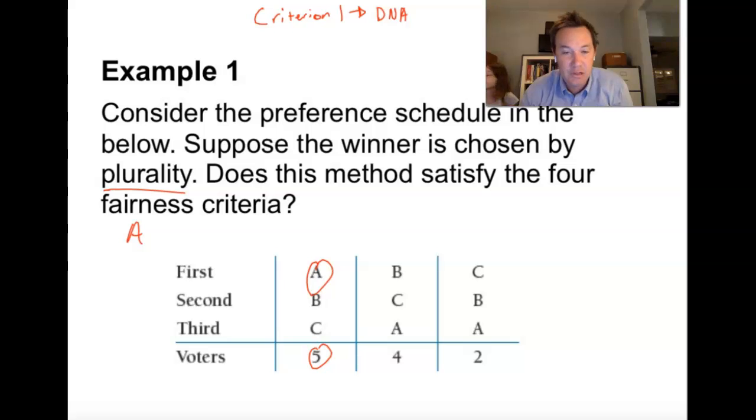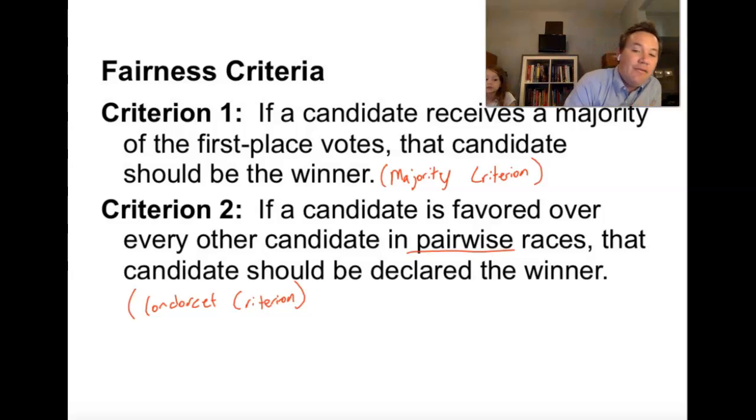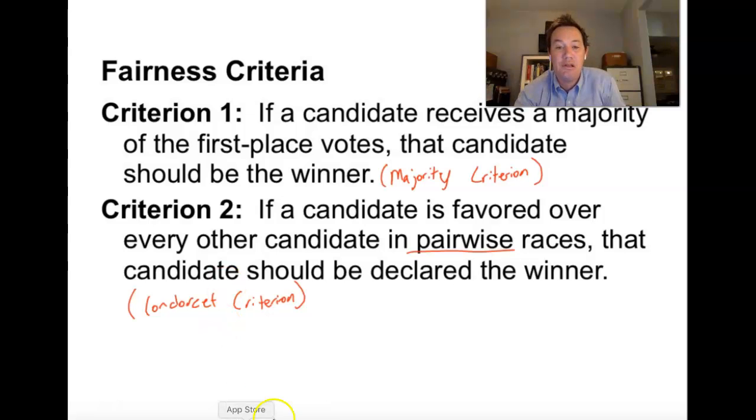So it doesn't fail criterion 1. All right, now let's take a look at criterion 2. If a candidate is favored over every other candidate in pairwise races, that candidate should be declared the winner. So if we want to check this, we're going to have to look at the pairwise comparisons.